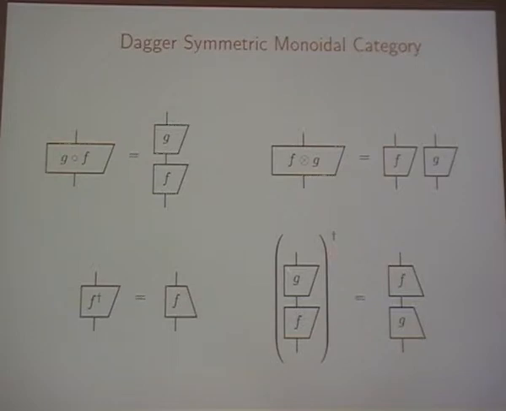If you take the dagger of the composition, you obtain this. Okay, it's the other way around. This refers to the nice presentation, nice animations by Ross, if you want to have more details about the rules behind this dagger symmetric monoidal category. So this is the framework.